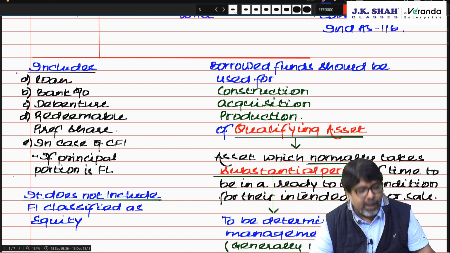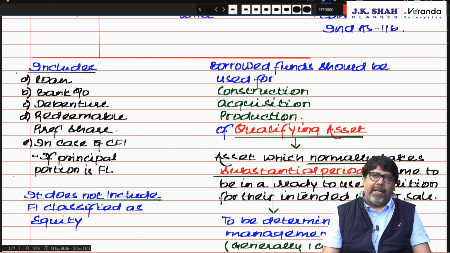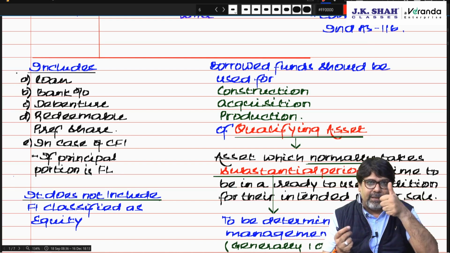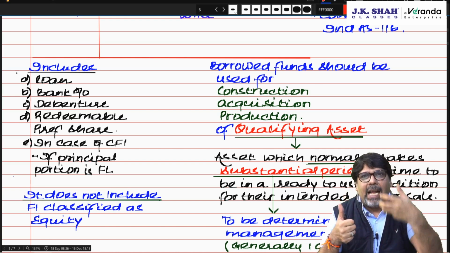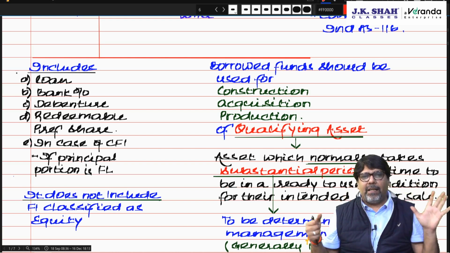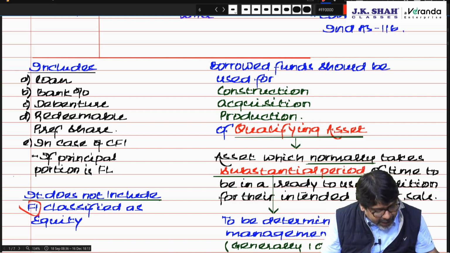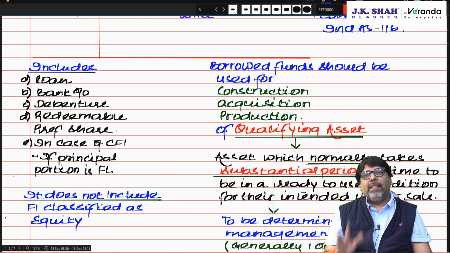So for a compound financial instrument, only the financial liability part counts. Because a compound financial instrument consists of two things, one is equity, one is liability. We'll first calculate the liability, and on that liability part, whatever is the interest element, that is borrowing cost. It does not include any financial instrument classified as equity. So equity is not considered as a part of borrowing cost.